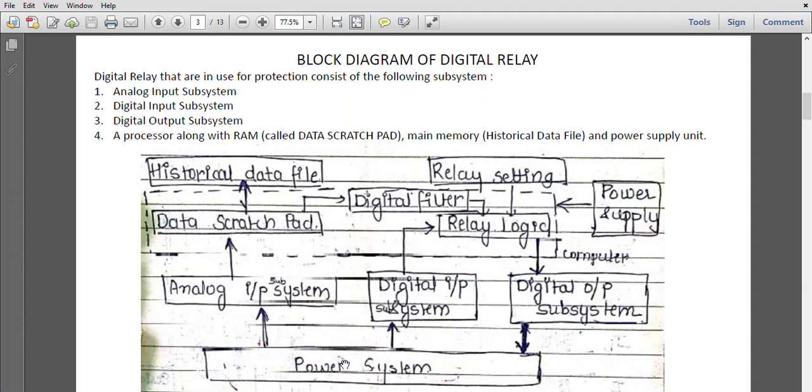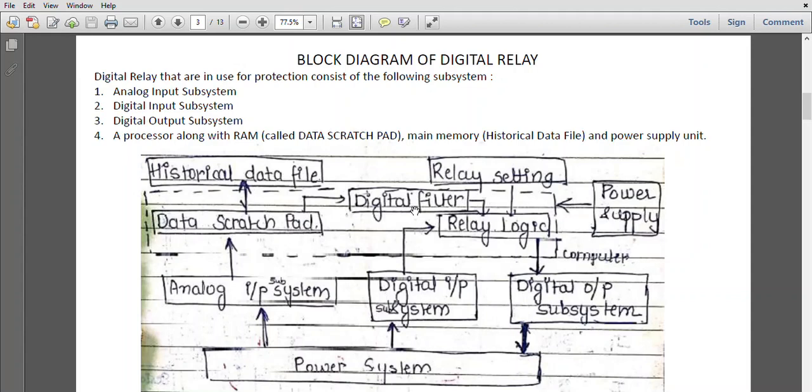From the power system, required inputs are applied to the analog input subsystem and digital input subsystem. According to the relay setting, the relay logic provides the output to the digital output subsystem. The historical data file is used to store the previous records of the digital relay.